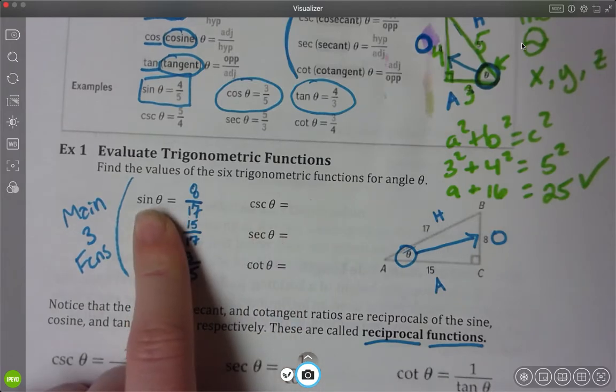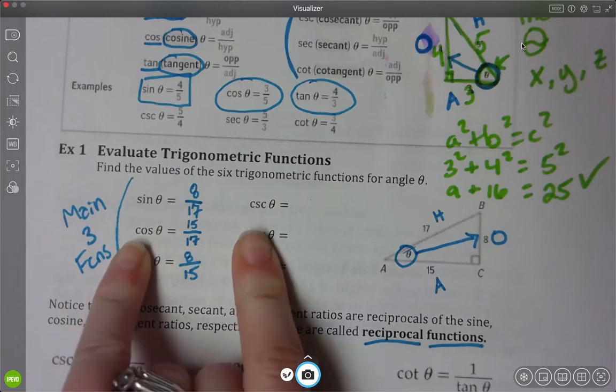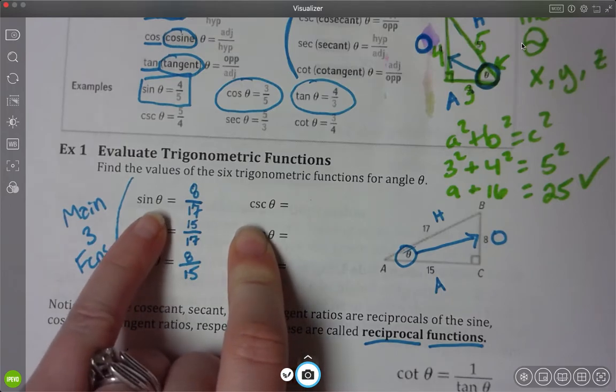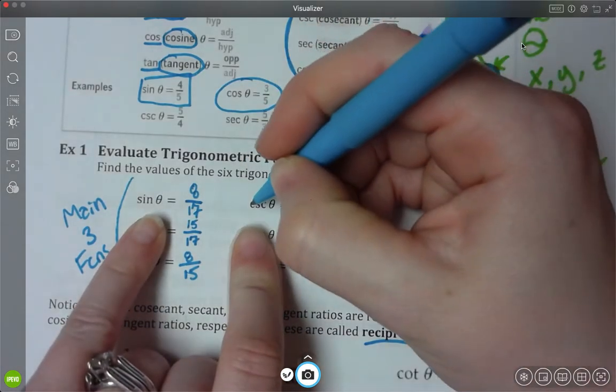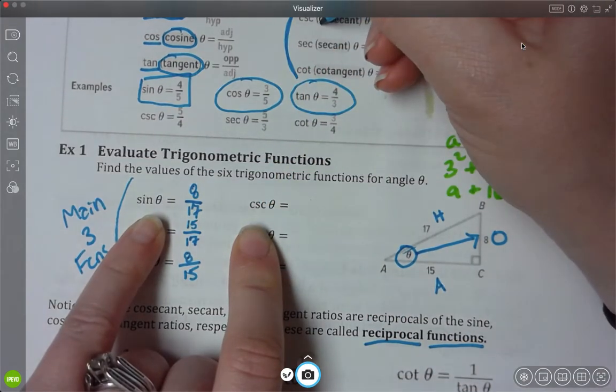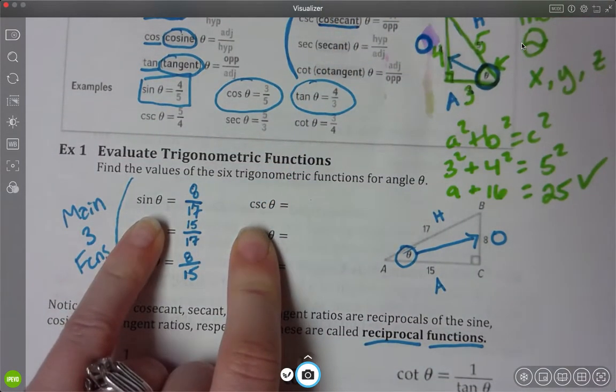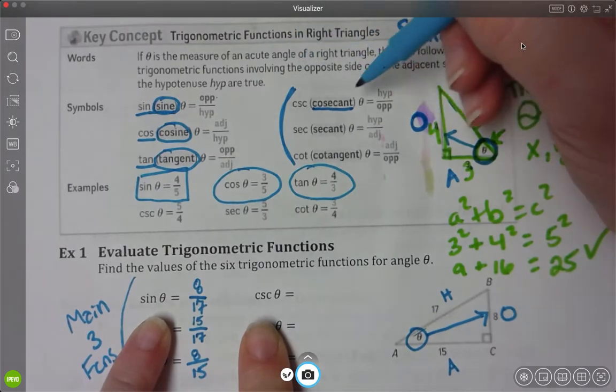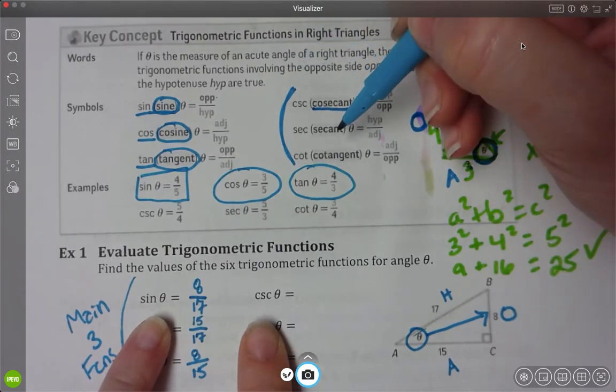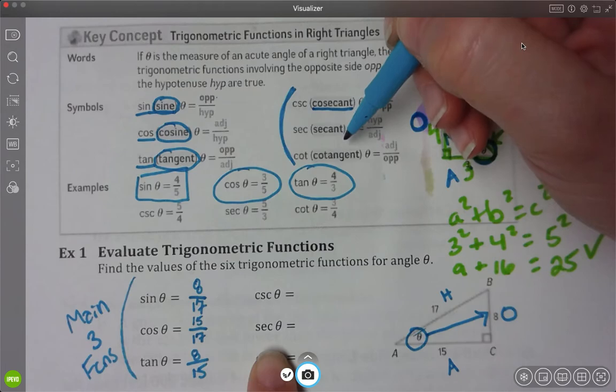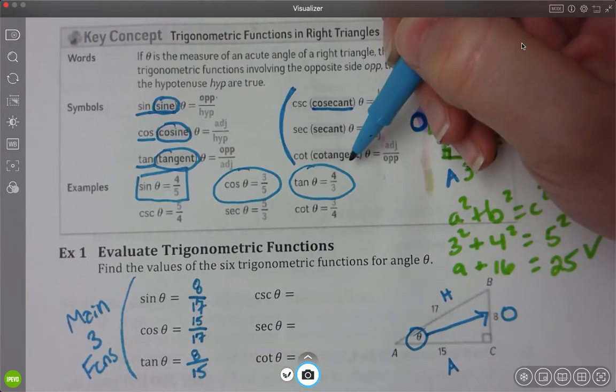So like sine and cosecant are like husband and wife, they kind of go together, okay? So CSC is the full word spelled out, cosecant up here at the top. SEC is secant, and then COT is cotangent.